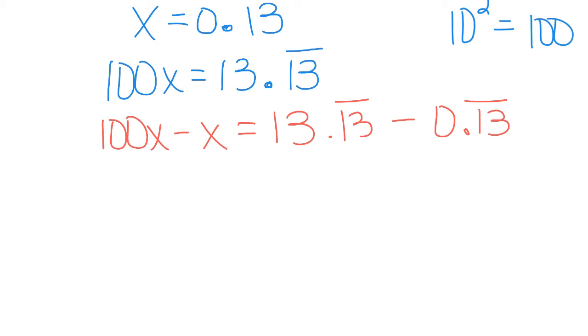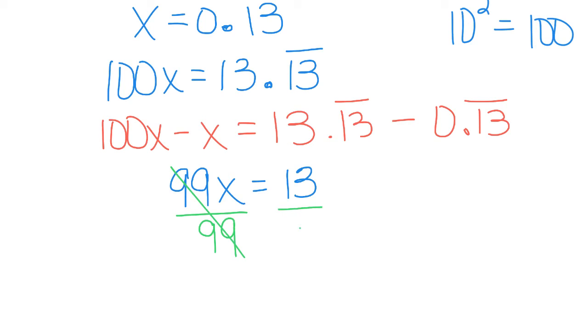This is going to leave us with 99x is equal to 13. Now we're back to our equation where we're going to figure out what x is, and we are going to divide off that 99 on both sides. That's going to leave us with x is equal to 13 over 99. Let's try another.